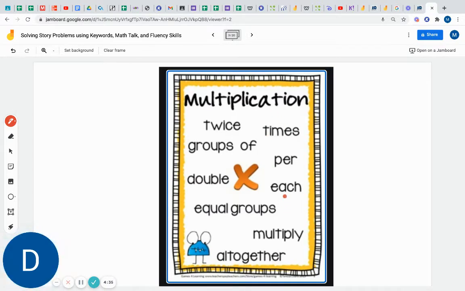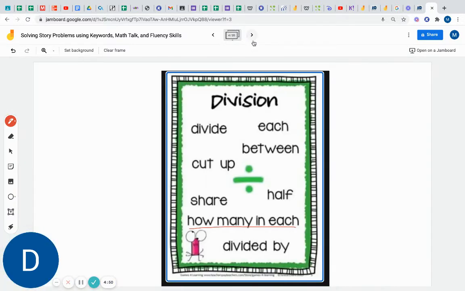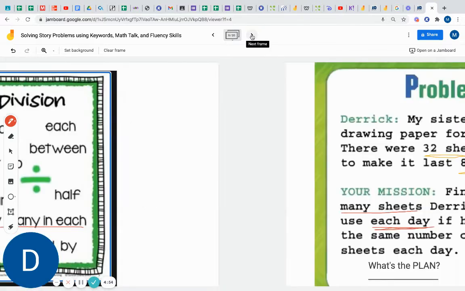So, here's each. So this says the word each day, but it says equal groups, all together, groups of, per day. So it could be multiplication if it's talking about each, but it says how many in each would be division.